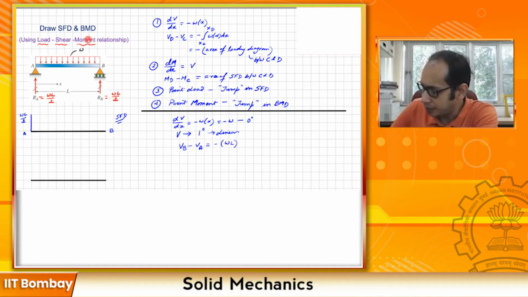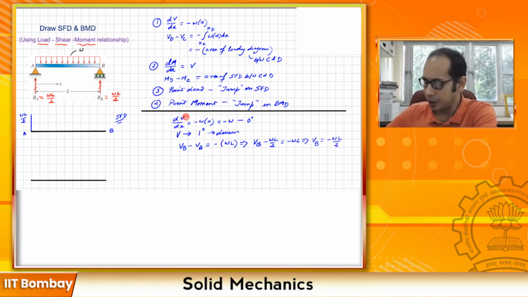Now that we have this, let's see if we can get the value of the shear at the point B. Yes, I can, because I know the value of the shear at the point A is nothing but WL over 2 over here, right? So this gives me Vb minus WL over 2 equals minus WL, which in turn gives me Vb equals minus WL over 2.